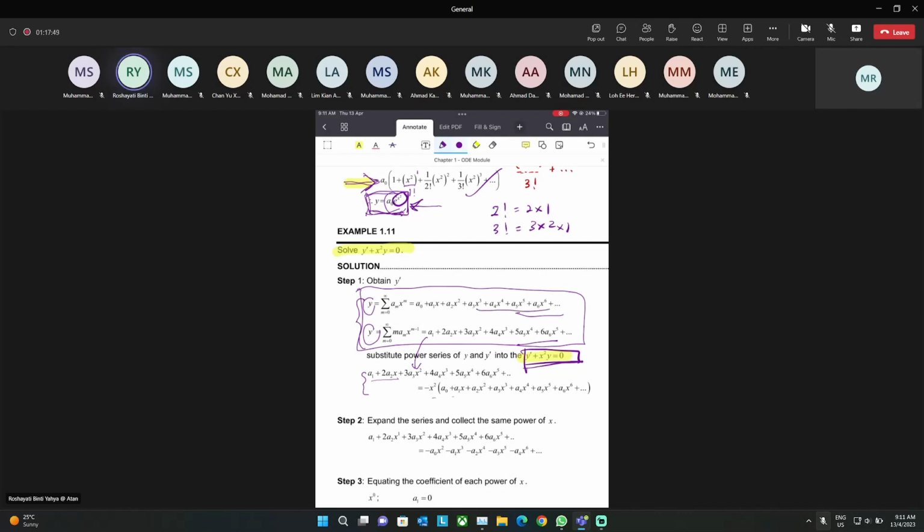So here is y, x squared y here. X squared negative. For this part, if you don't want to move to the right, you can stick on your left hand side, it doesn't matter.